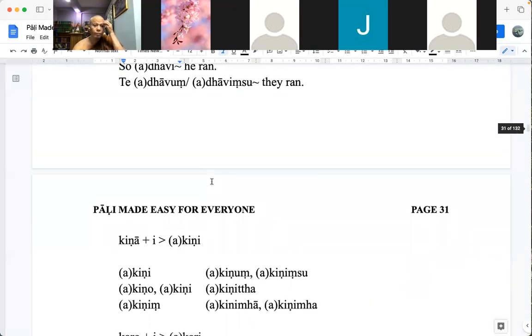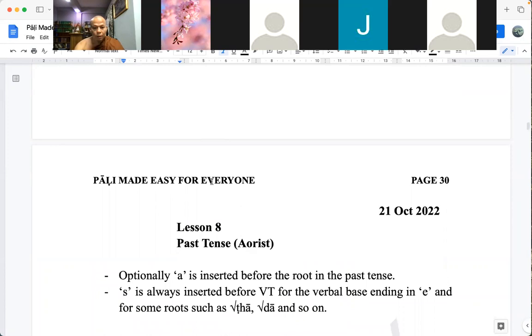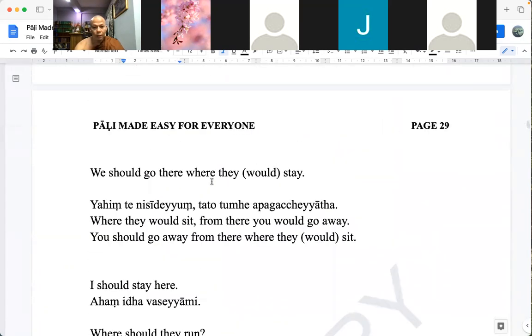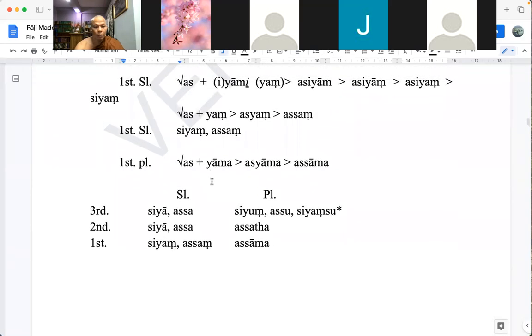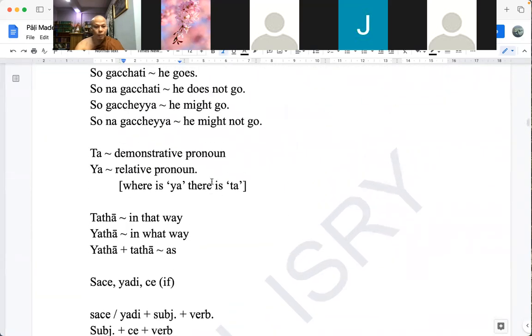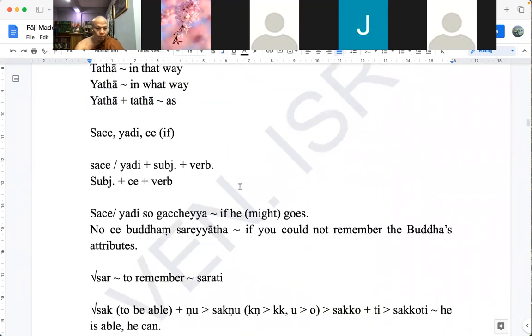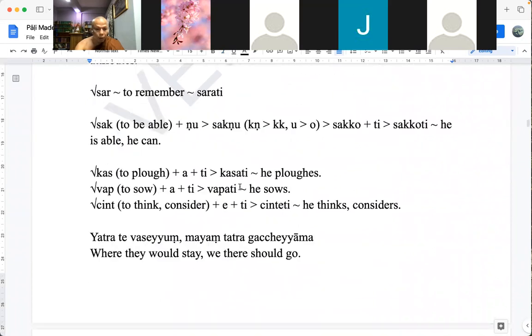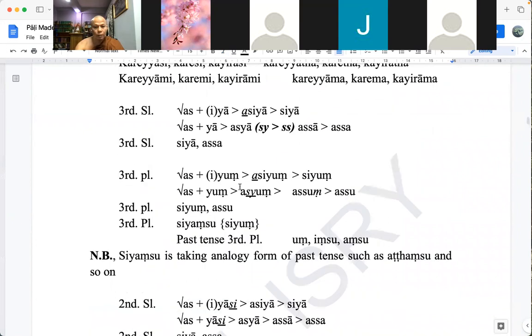Just to recall. Lesson 8. Oh, here you see: sa is the demonstrative pronoun, ya is the relative pronoun. Okay. On the chart.